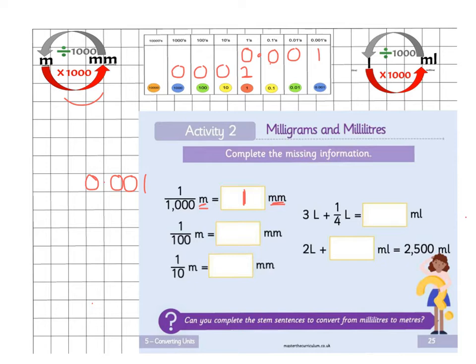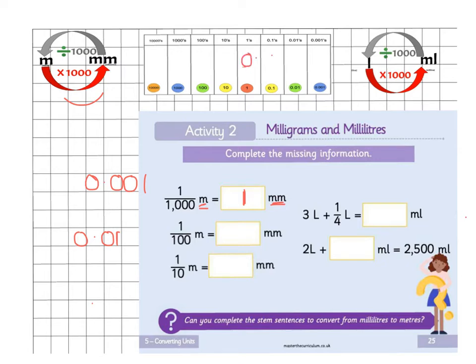Okay, so I'm going to do the same thing. Sorry, 100th is 0.01. Okay, and again, I'm going to times that by 1,000 because I'm changing into millimetres.